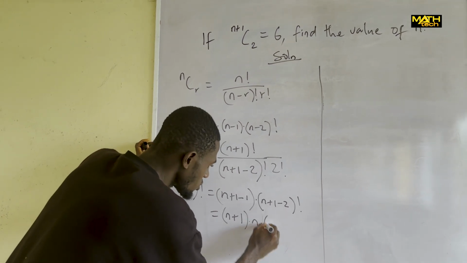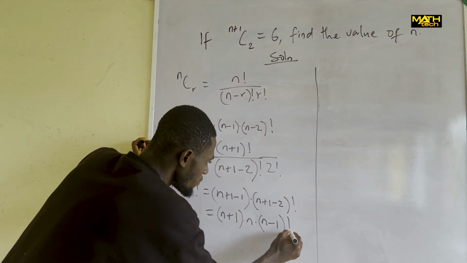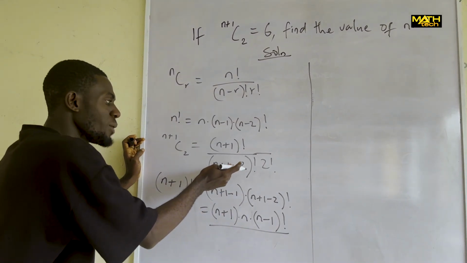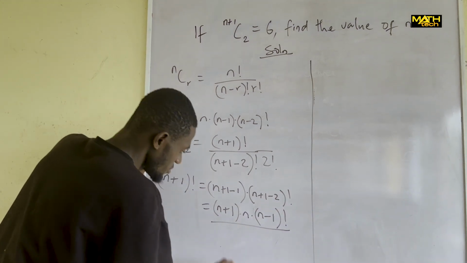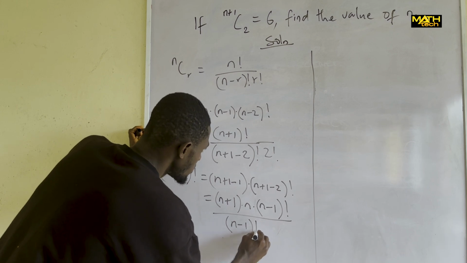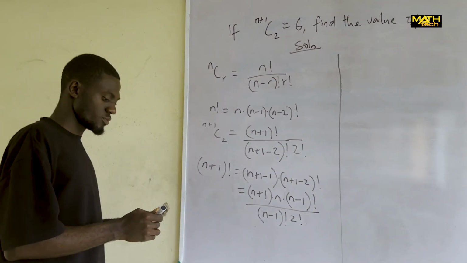This will give us n minus 1 factorial all over, in the denominator, n plus 1 minus 3, which gives minus 1... n minus 1 factorial and 2 factorial.